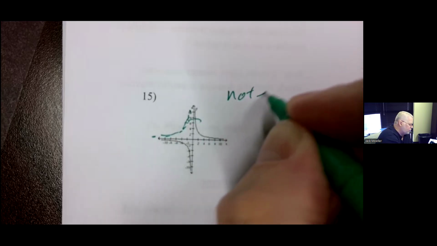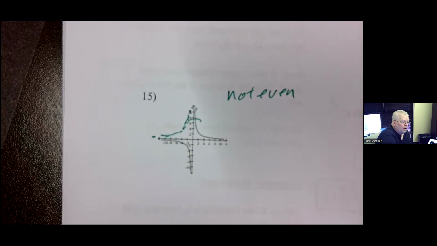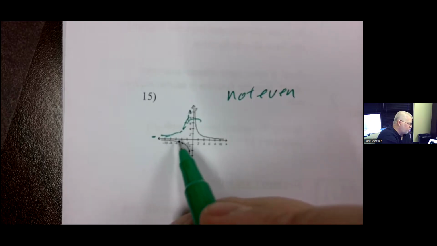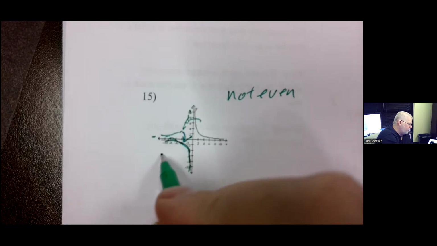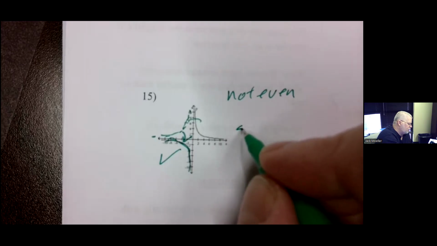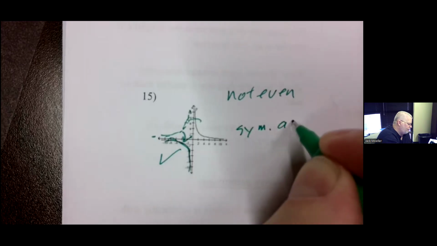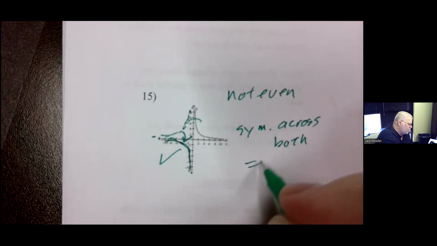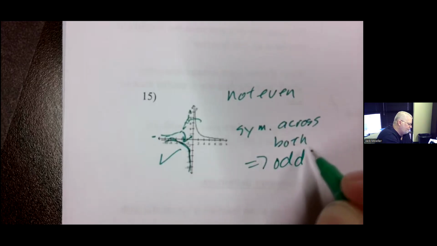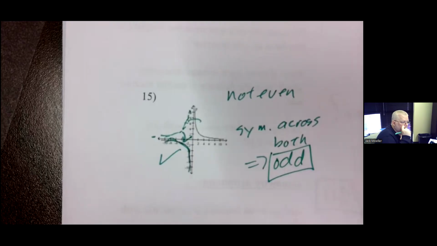So this is not even. But what happens when we fold it across the other axis? Take this piece and fold it down, now we get that graph. So this is symmetric across both. That tells us it is odd. So fold it once and then fold it twice.